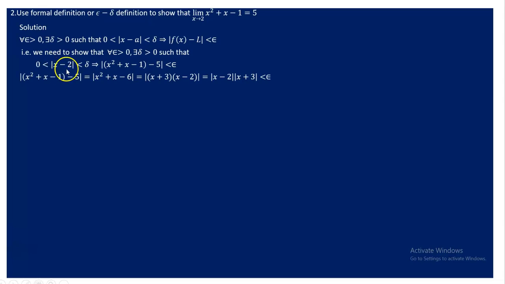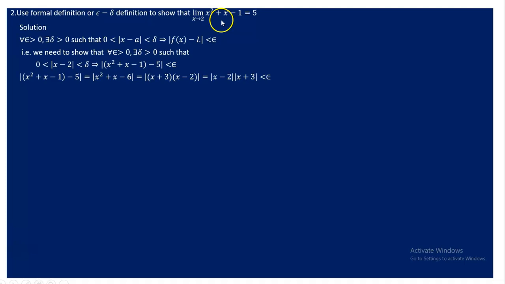It says absolute value of x minus 2. We are approaching the number 2, so we have to consider a certain interval containing number 2. The question is, what kind of interval shall I take? May I use an interval containing number 2 from 0 to 3? I can. May I use an interval from negative 2 up to 6? I can.